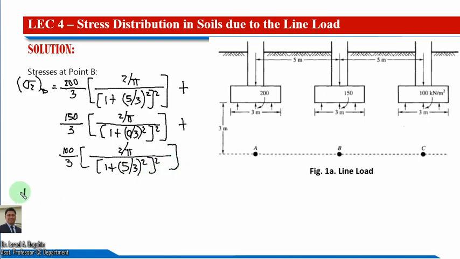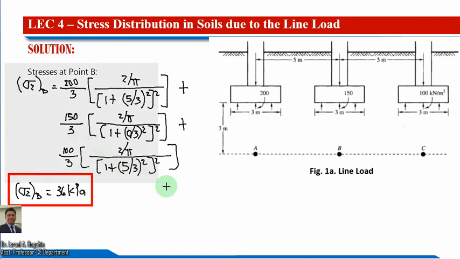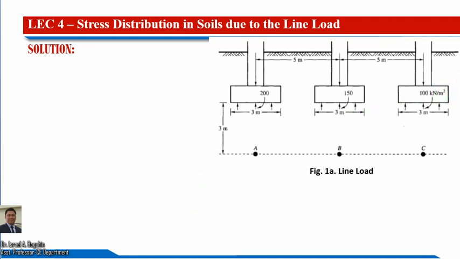So calculating, we have our vertical stress sigma z considering point B equal to about 36 kilopascal. Okay, so we are done with our vertical stress at point B. And proceeding with our stresses at point C, we have this calculation here.